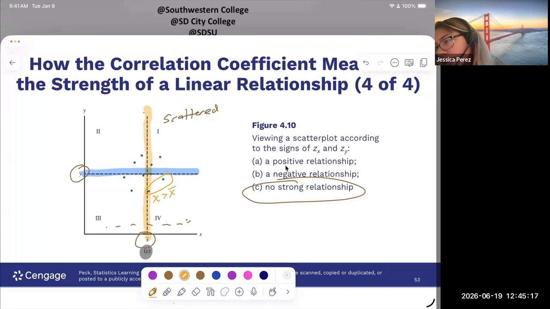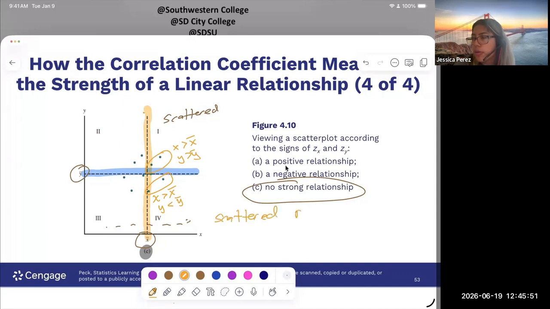Same thing here. Now look at the value of x and the value of y. Y will be negative. Y would be less than y bar. So depending on where we are, if x is above or x is below, let's look over here. X is going to be greater than x bar, and y is greater than y bar. So those points up here. But the points are kind of scattered all over the place.